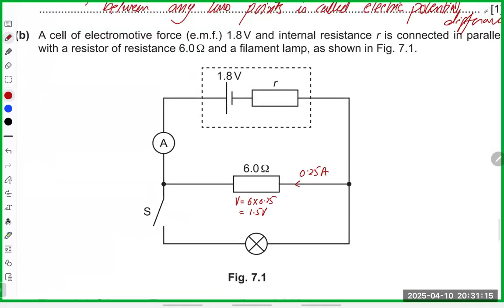If this one is getting 1.5 volt, and the cell is providing 1.8 volt, how many volts are consumed by the internal resistance? It's 0.30 volts.